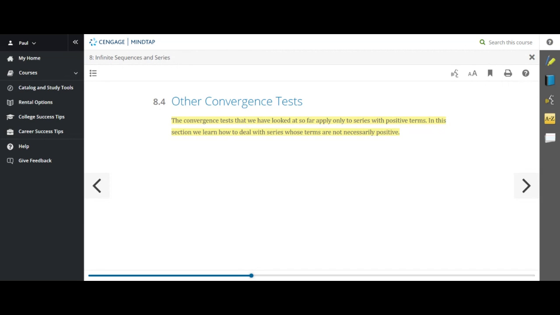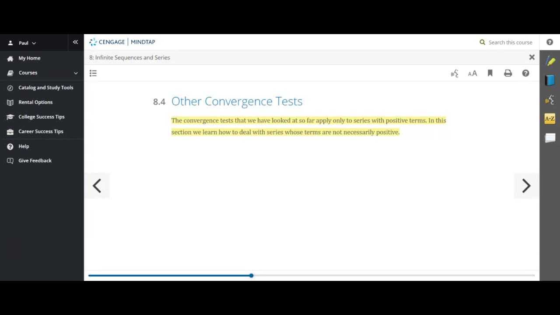Now, we've learned some series in section 8.2. Some very common ones are geometric series and harmonic series and telescoping series. And then in section 8.3, we talked about some series that were less familiar to us, but nevertheless, we can analyze if the series converged or diverged by virtue of some new tests, like the integral test and the comparison test and the limit comparison test.